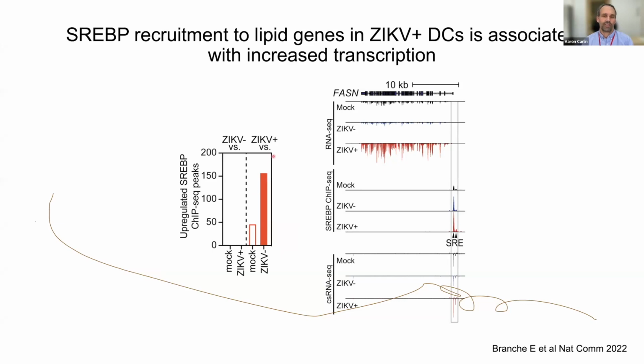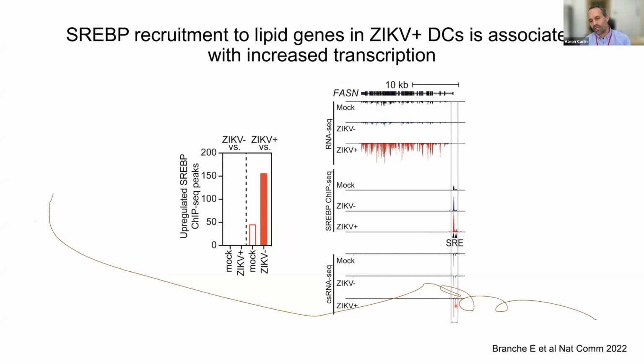And so what we found is that SREBP is recruited to the genome only specifically in Zika virus positive cells. And it's recruited to many sites of lipid genes, including the FASN gene here. This is the promoter. And you can see increased SREBP binding at 2 different binding sites where the SRE motif is found.